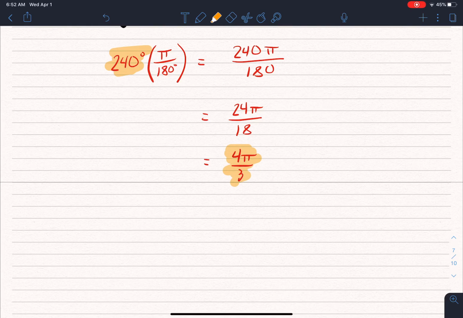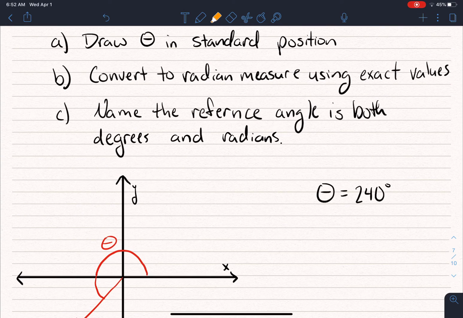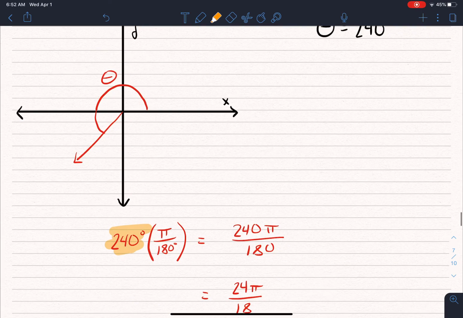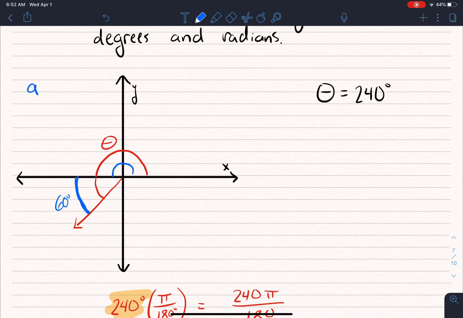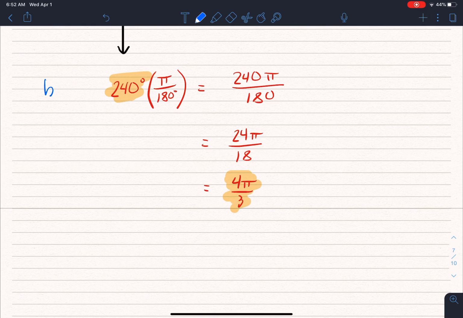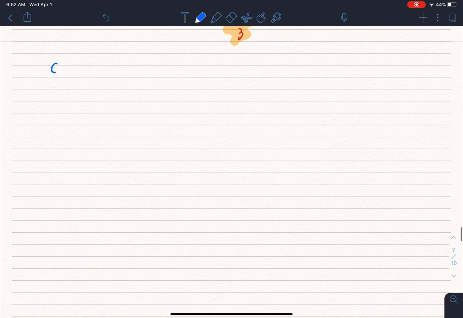Lastly, we were asked to name the reference angle in both degrees and radians. Remember, reference angle is how we can get back to the x-axis as quickly as possible, and that would be this angle right here. We knew it was 180 to get to this point, so this other angle would have to be 60 degrees. So this was part A, this was part B, and when we get to part C, the reference angle is 60 degrees.